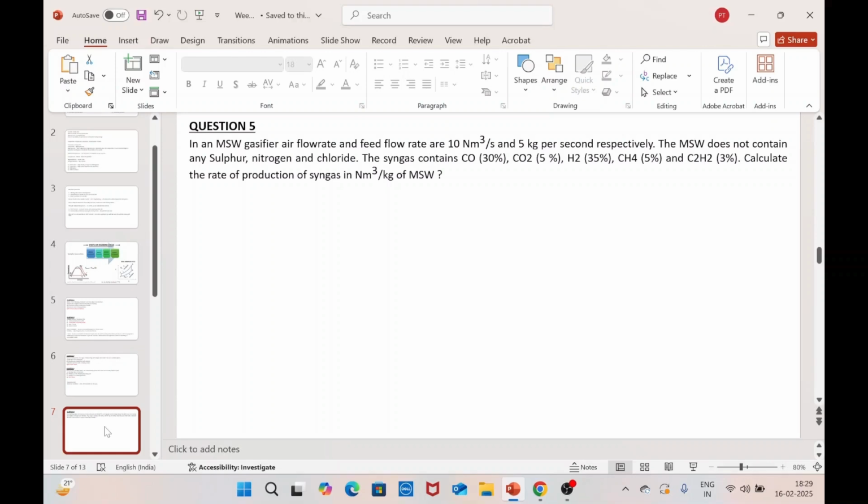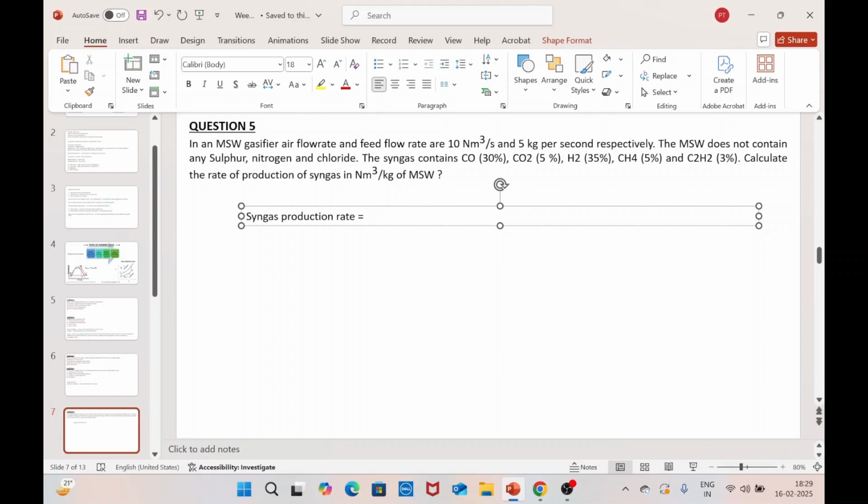How to solve? I can keep it as syngas production rate. So, formula, anybody remember the formula?